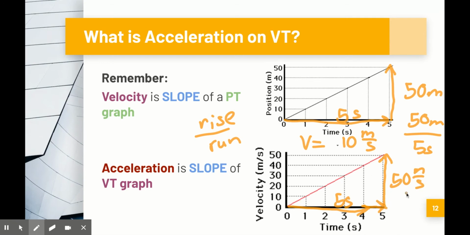So this causes us to have meters per second divided by seconds. And we know this is acceleration because it gives us a value of 10 meters per second squared. The units are the important thing. So the units right here tell us velocity. The units right here tell us acceleration.